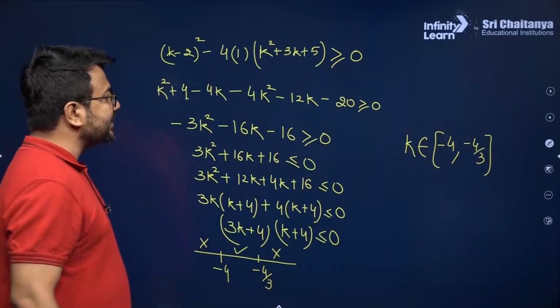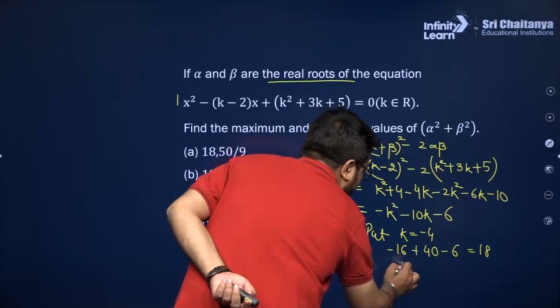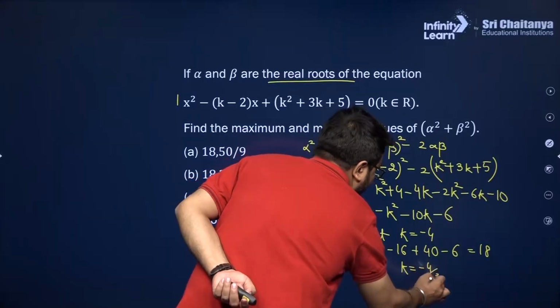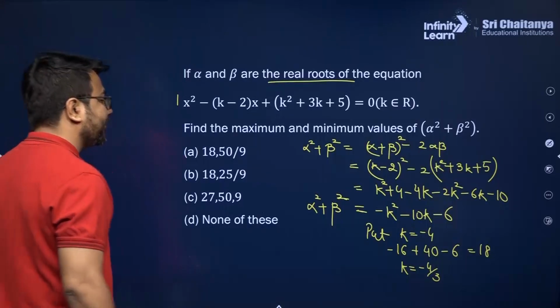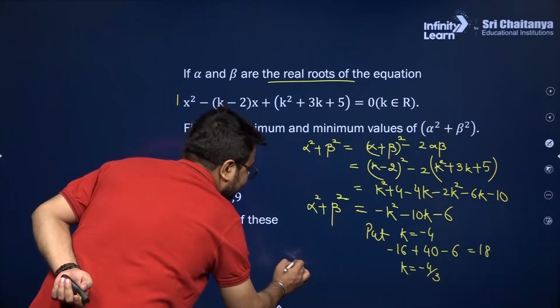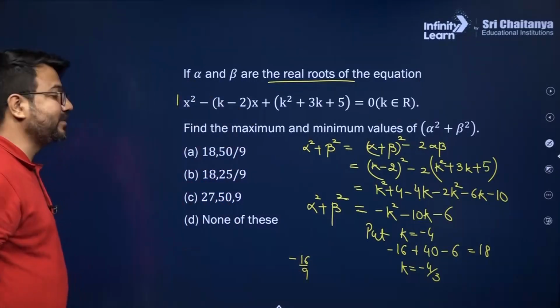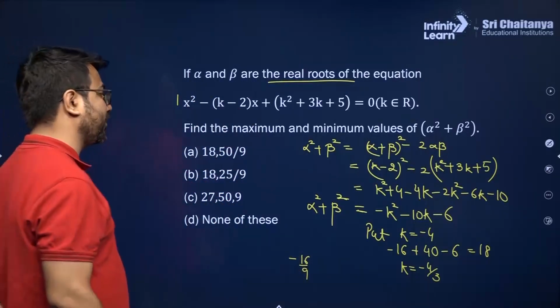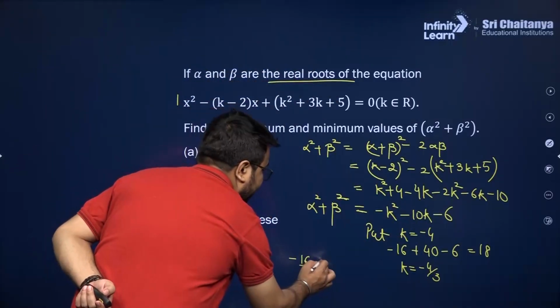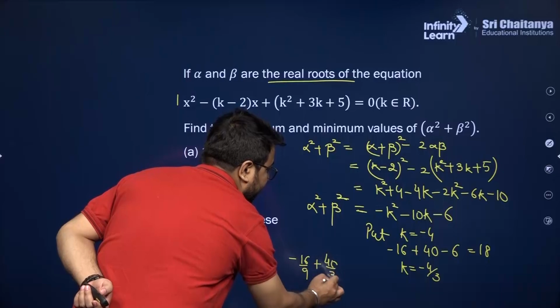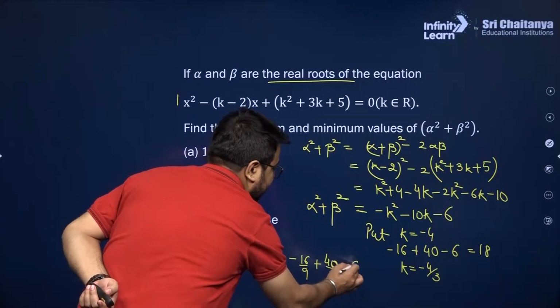Now the next is k equal to negative 4 over 3. If I put the value of k as negative 4 over 3, here I will have minus 16 upon 9. I'm just calculating the value of alpha square plus beta square at k equal to minus 4 upon 3. If I substitute here, it will be 40 over 3 with a positive sign, and then we have minus 6.